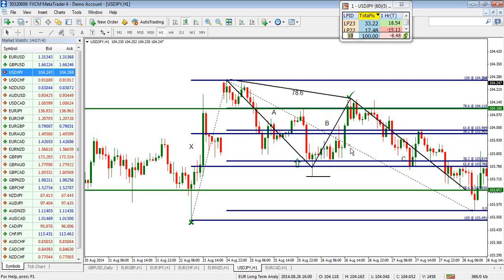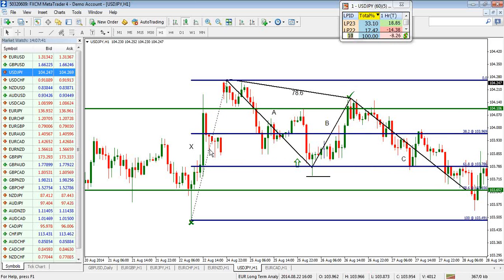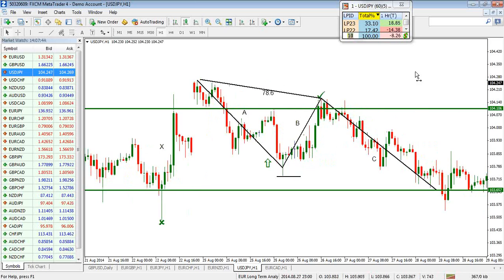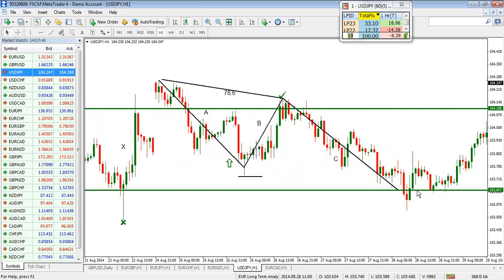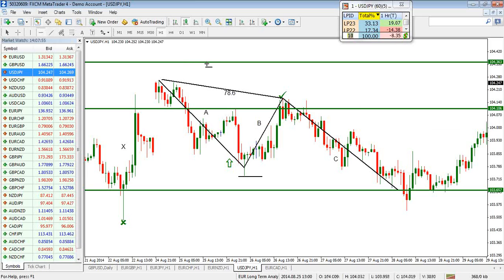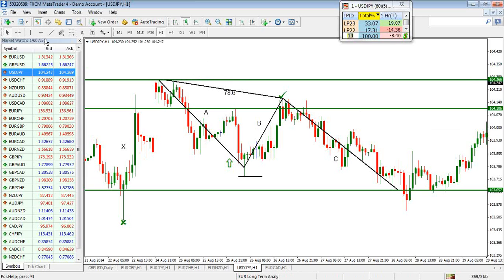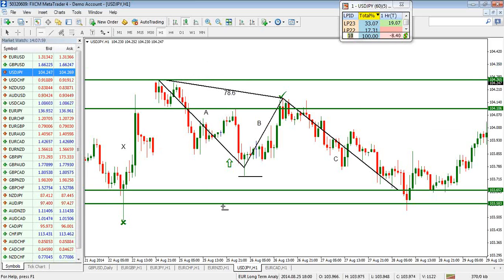I'm just going to take off these fib levels. Here's what meat trading means. Here's the 78.6 level for our entry, and here's the 78.6 level for our take profit. And let me also draw another line at the top, another line at our bottom.